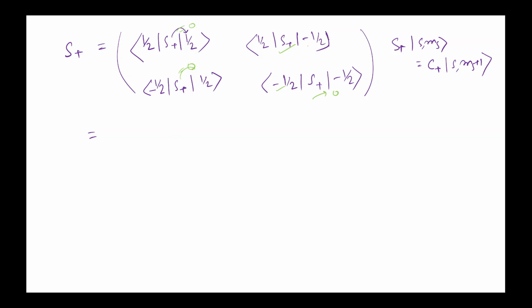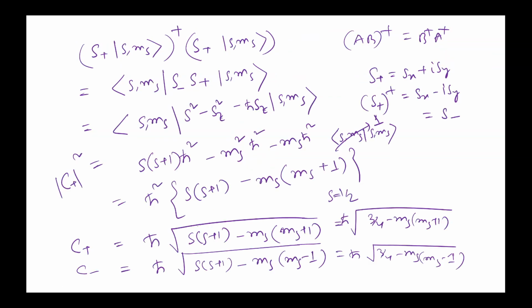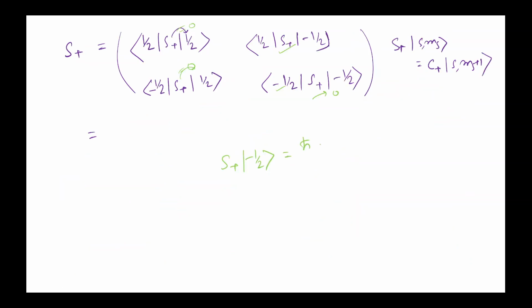So let's find out what will be the value when S plus operates on this minus half, what will be the C plus, right? And we have seen that this C plus is s plus 1, or that is 3 by 4. So you will get H cross 3 by 4, and your ms is minus half, so it will be plus half, and you have minus half plus 1, right?